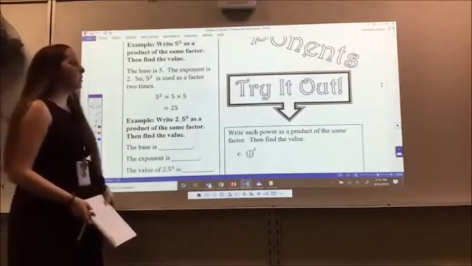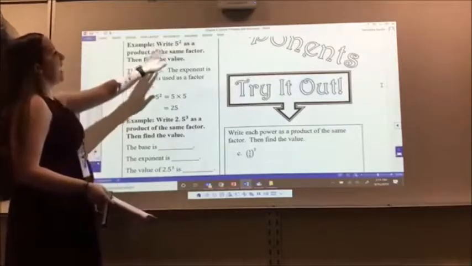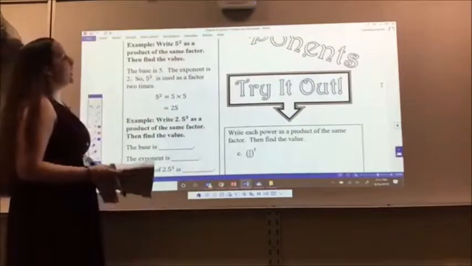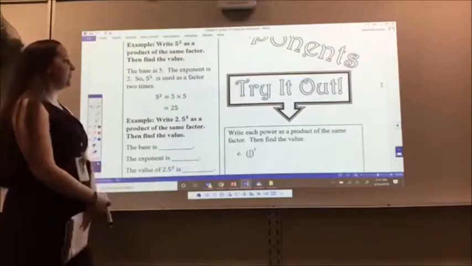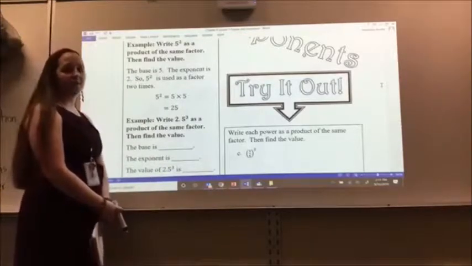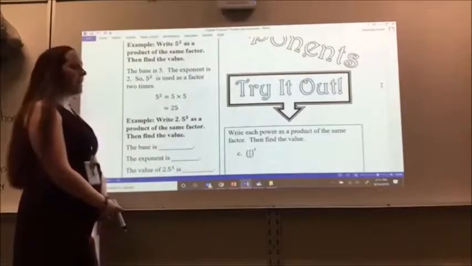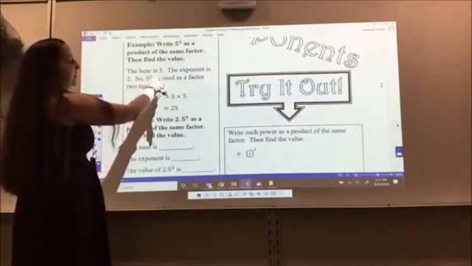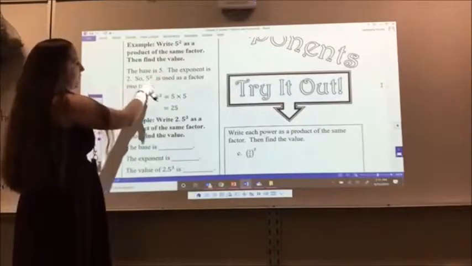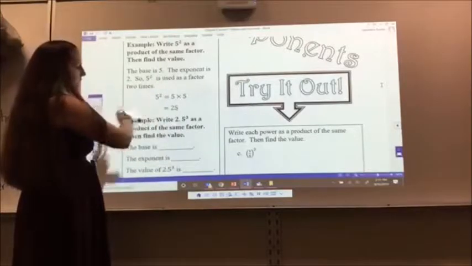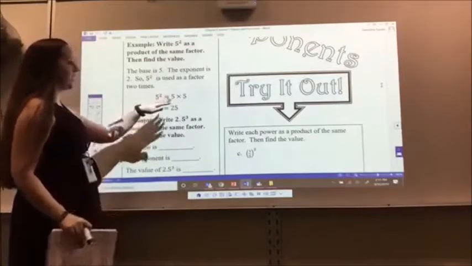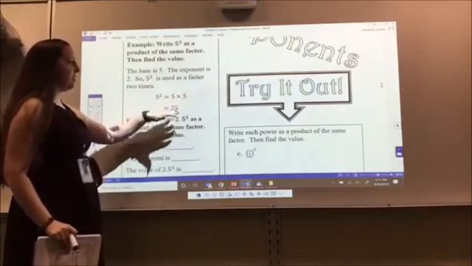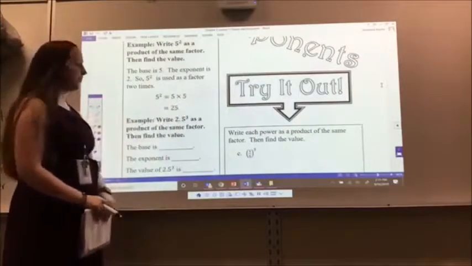So the example that we are given, write 5 squared as a product of the same factor, then find the value. So it wants us to find the product and then write it down. So 5 squared, the base is 5, the exponent is 2, so 5 squared is used as a factor 2 times. So we'd say 5 squared equals 5 times 5. Well, 5 times 5 is 25.